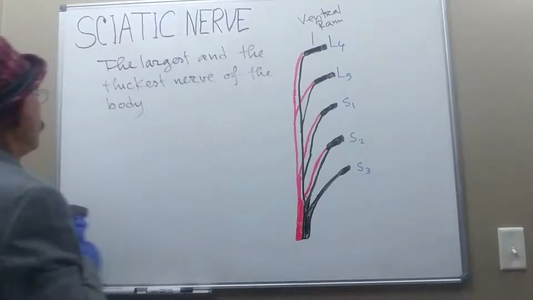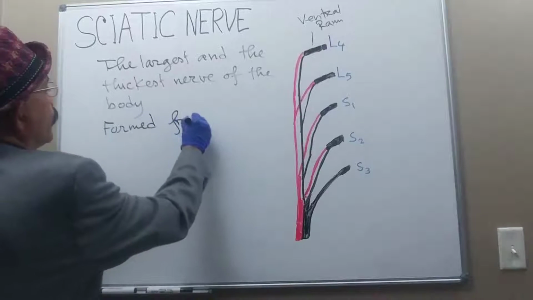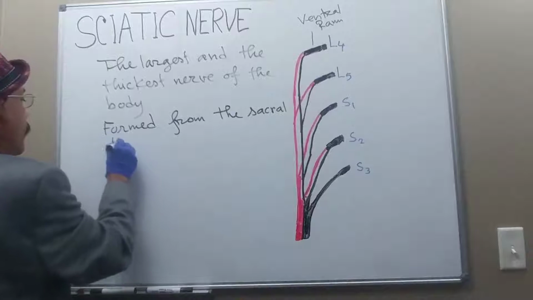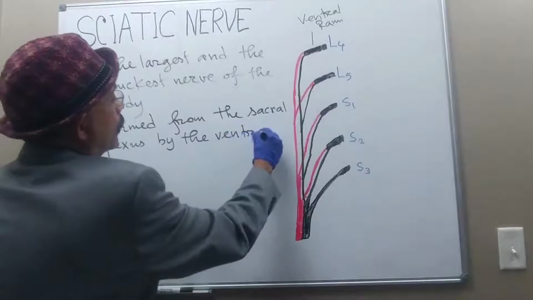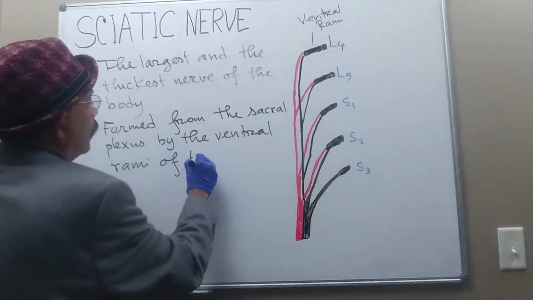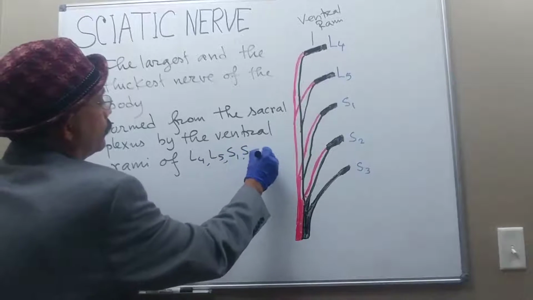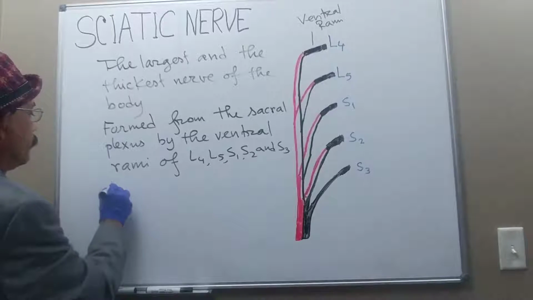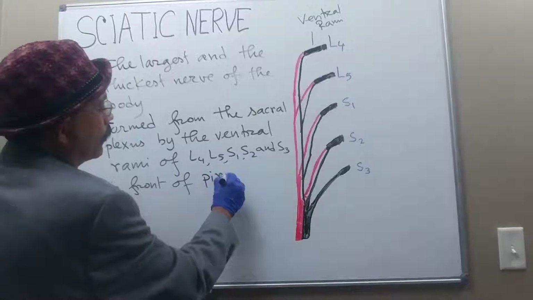And it is formed from the sacral plexus by the ventral rami of L4, L5, S1, S2 and S3, in front of the piriformis muscle.